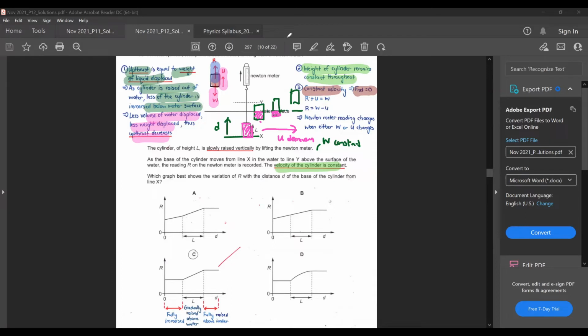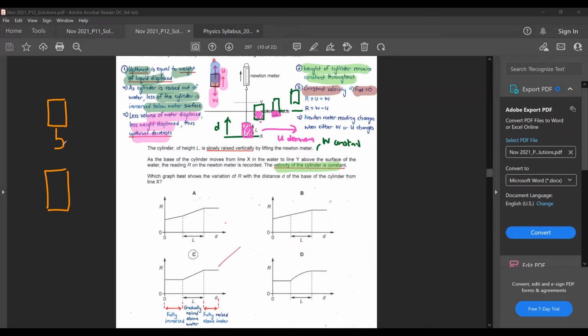It's like this now. If you see your Newton meter like this, and then this one is your cylinder. When you're trying to use the Newton meter to pull your cylinder, the cylinder will exert a force onto the Newton meter.